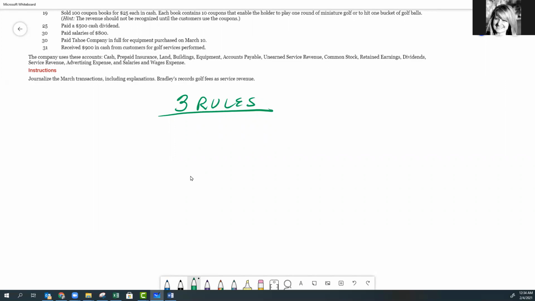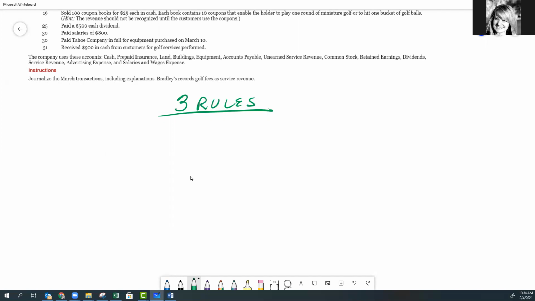We talked about transactions that made assets, liabilities, or stockholders' equity go up or down. That was probably fairly simple for you once you got the hang of it. Now what we want to do is translate those increases and decreases in our assets, liabilities, and equity accounts into accounting language, which is the language of debits and credits.